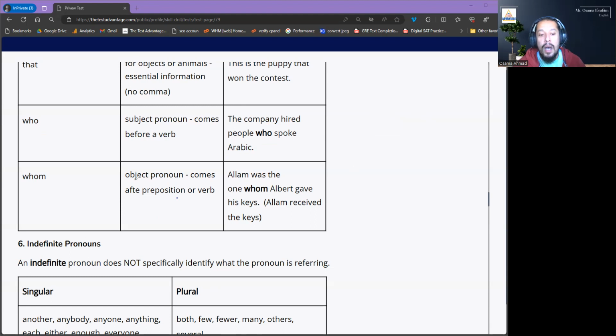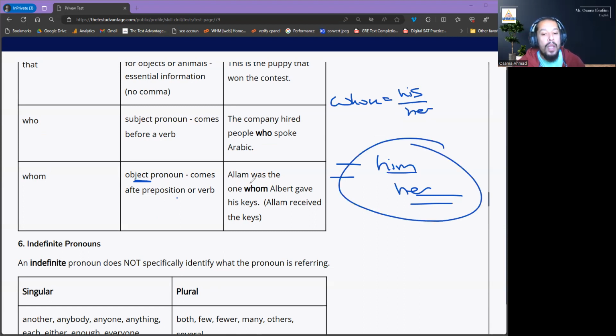Whom, this is an object. برضو, it's equal to him, her. أول واحدة, whose was equal to his or her. عشان ده كان possession. Whom is him or her. Alem was the one whom Albert gave his keys. Again, how can you tell?